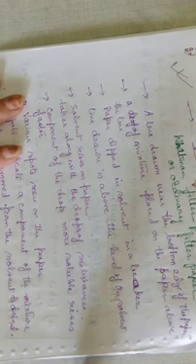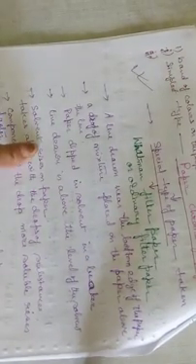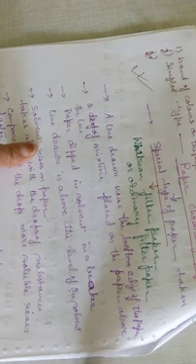Now, paper chromatography, I told you, is a special type of paper called Whatman filter paper, or you can take an ordinary filter paper also. First a line is drawn near the bottom edge of the paper. Then a drop of the mixture is placed just above that line.